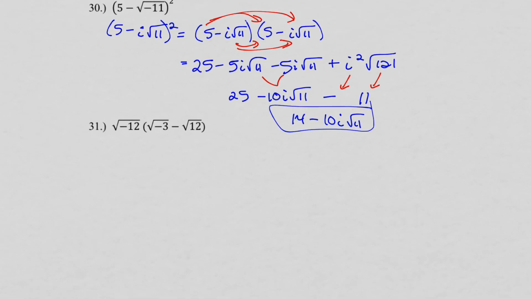Okay, so I'm going to do this one wrong, so you can see what happens if you forget to take out the i's. Here I'm going to do this and do that. I'm going to get positive 36.